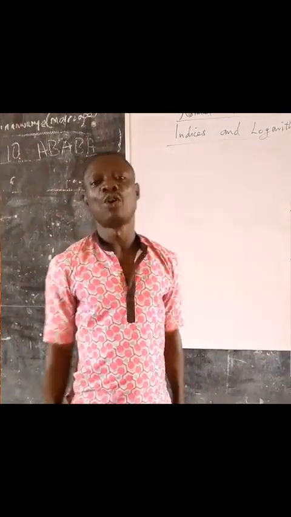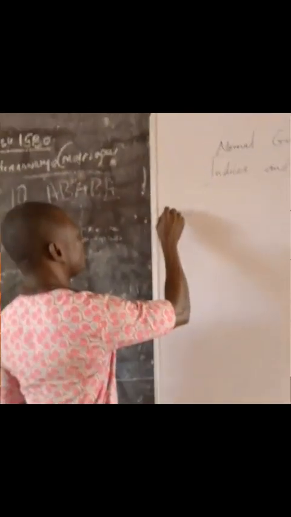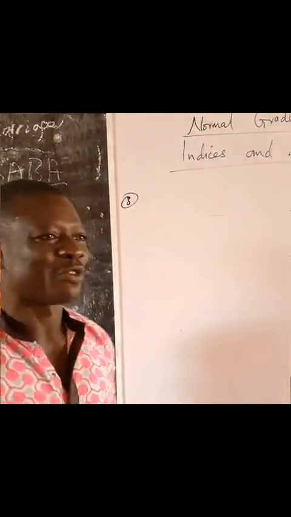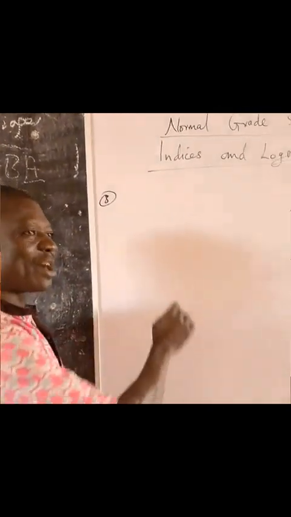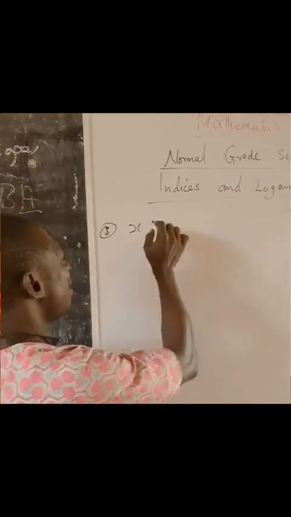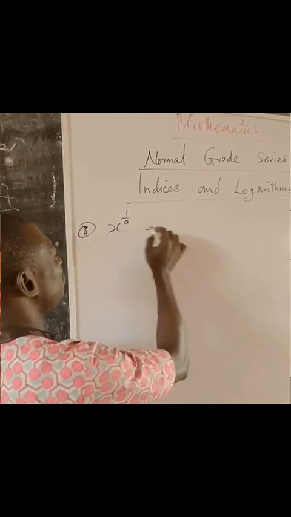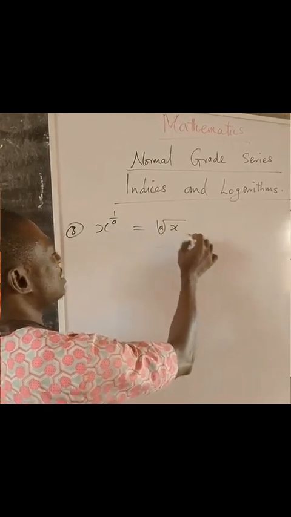Then let's go to law number 3. Law number 3 takes care of when the index is a fraction. The law number 3 is saying that x raised to power 1 over a will give you root a of x.